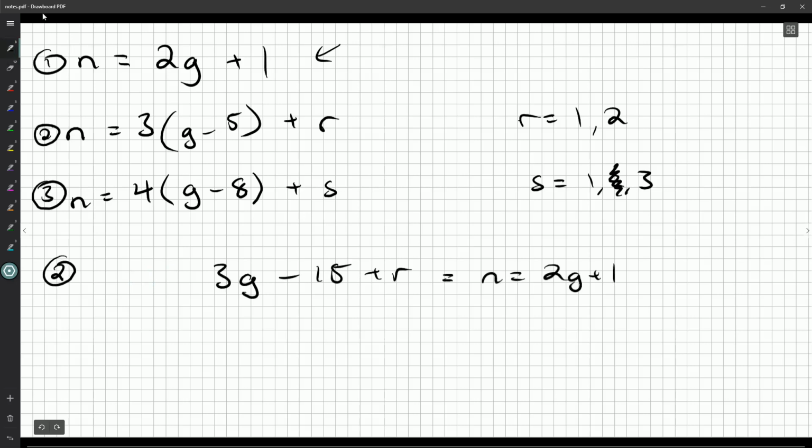And so if I subtract 2g from both sides, and I add 15 to both sides, I'll get g plus r is 16. Well, that doesn't exactly help me figure out what r is, but it does give me some possibilities. R could be 1, and then g would be 15.